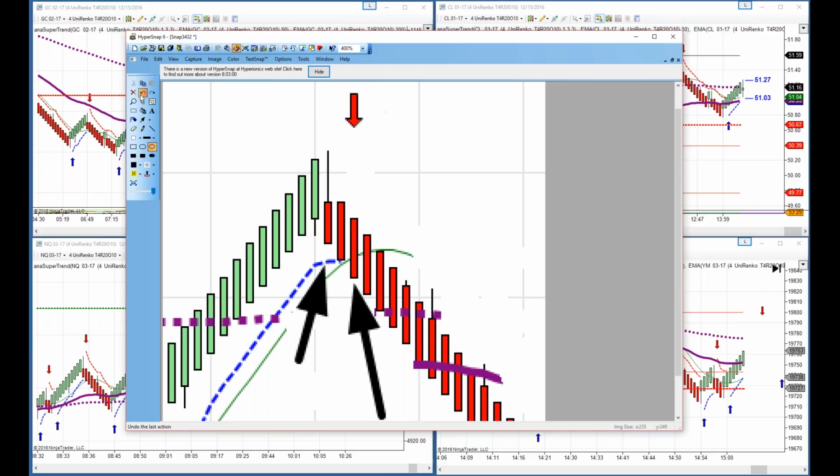So when the blue dash line gets penetrated and a bar completes on the other side of it, a red arrow will pop up. If it's a red dash line that gets penetrated, going in the opposite direction, a blue arrow will pop up.